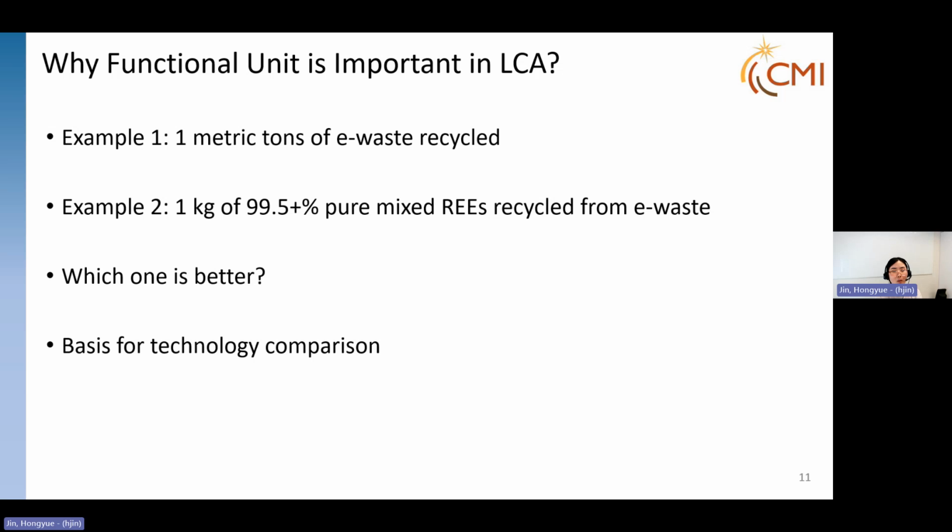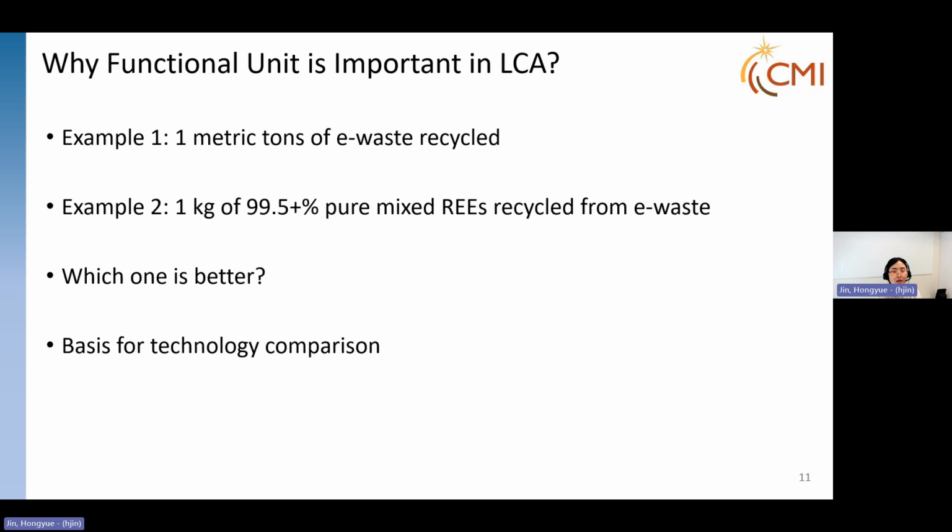Example 2 is 1 kilogram of 99.5% or higher purity mixed rare earth elements recycled from e-waste. It's more specific. It's from the angle of output product. So the goal of our project is to recycle rare earth elements from the e-waste.